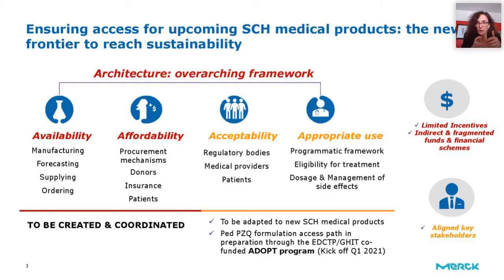There's some artificial intelligence also here from a regulatory perspective. How are we going to tackle this? But there are some elements that already exist, from acceptability and appropriate use, that need to be adapted for the innovations that are coming. And this is actually some of the work that, again, we are doing with the pediatric praziquantel formulation access path and the ADOPT program.